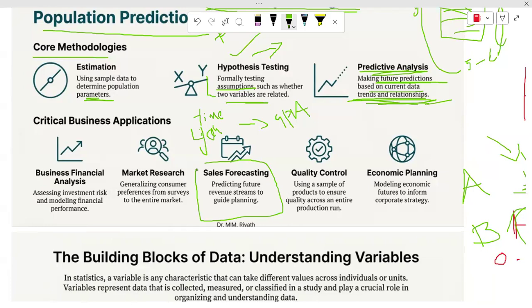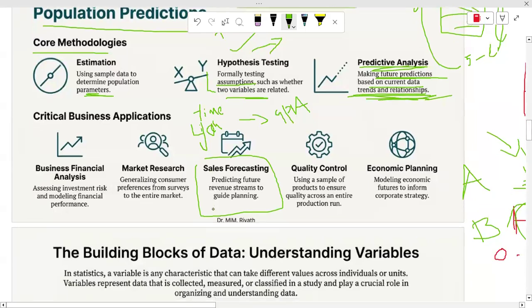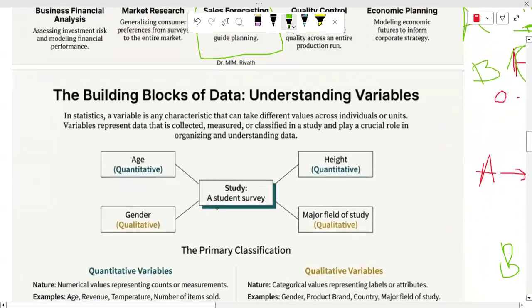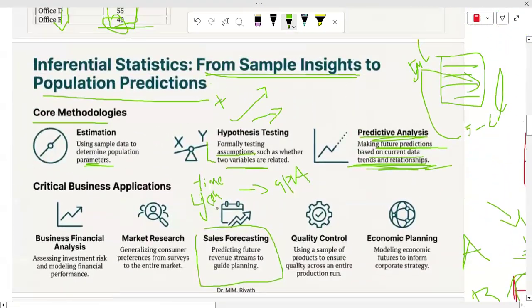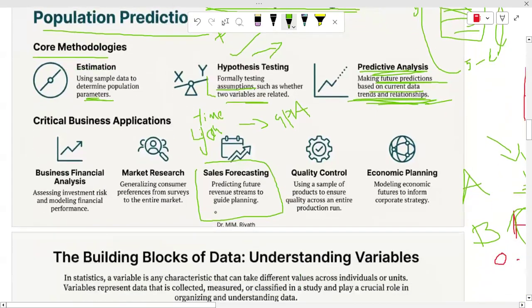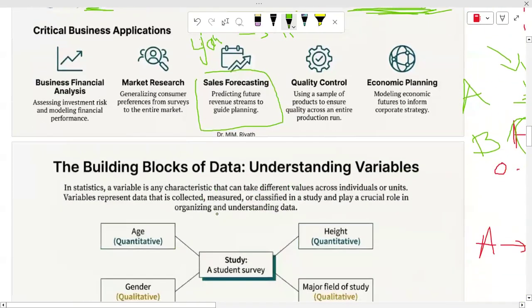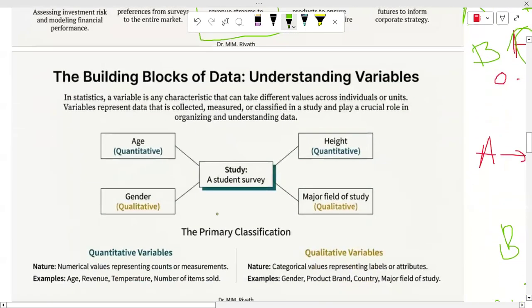For that, they need past data and economic forecasting and prediction. So this is about descriptive statistics and inferential statistics. These are the two main branches of statistics.